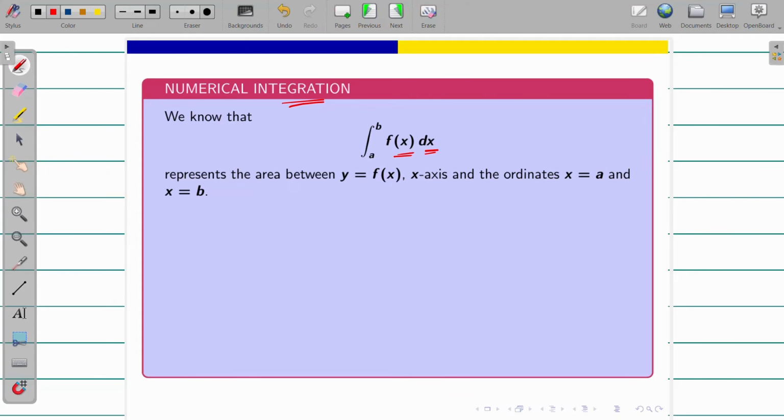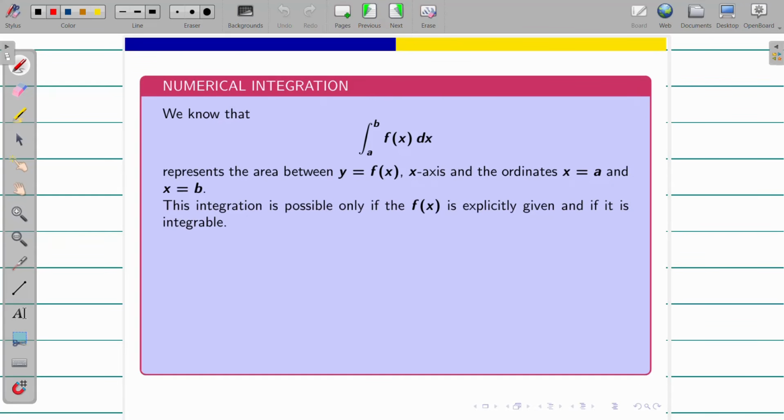This integral represents the area between y equal to f of x and the x-axis from the limit x equal to a to x equal to b.